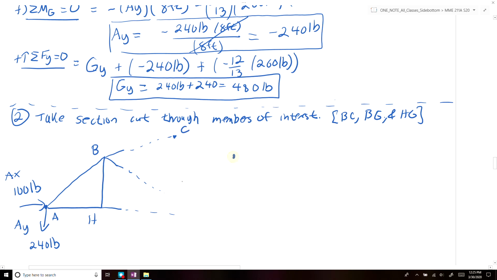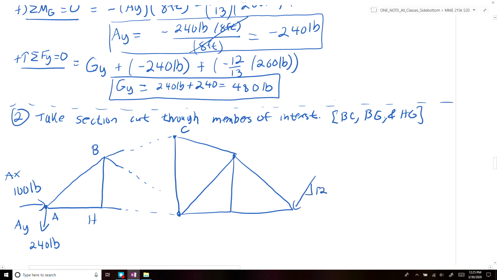And then we'll include the right-hand side of our truss. We'll draw it just like we did the left-hand side. We'll make sure to include our external force of 260 pounds and our reaction at G of 480 pounds, and make sure to include our important dimensions in our diagram.